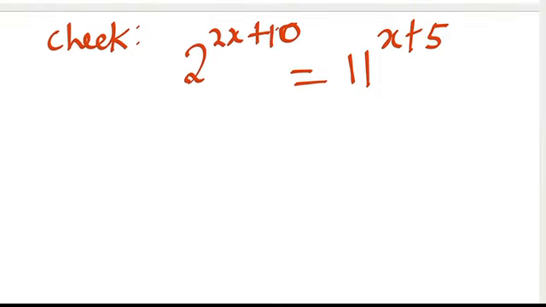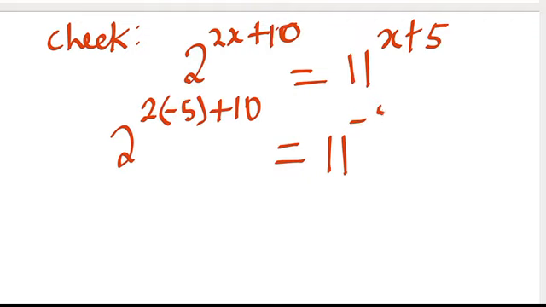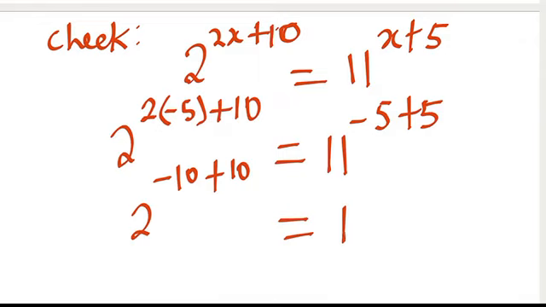We have 2 to the power of 2 times minus 5, then plus 10, then equals 11 to the power of minus 5 plus 5. So we're going to have 2 to the power of minus 10 plus 10, which is equal to 11 to the power of minus 5 plus 5.